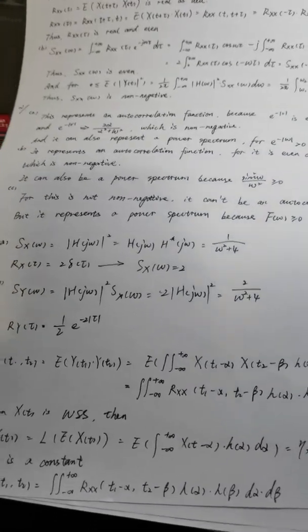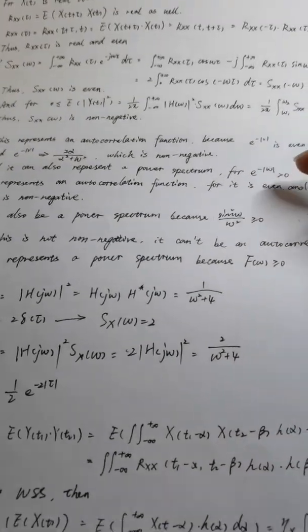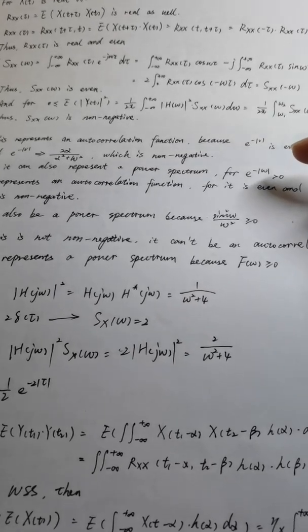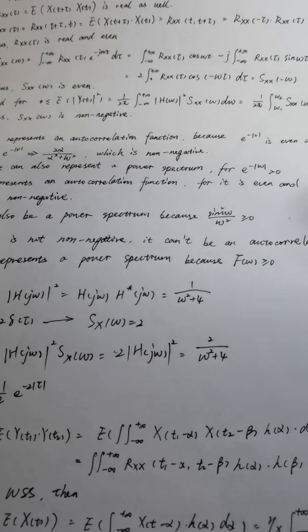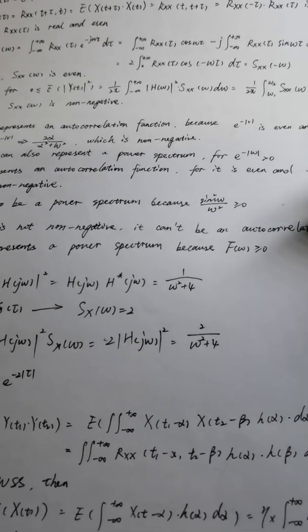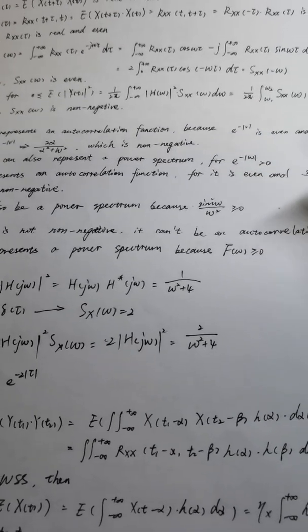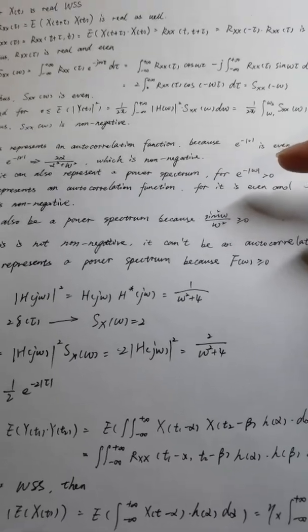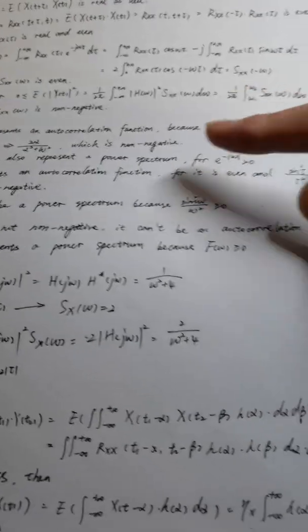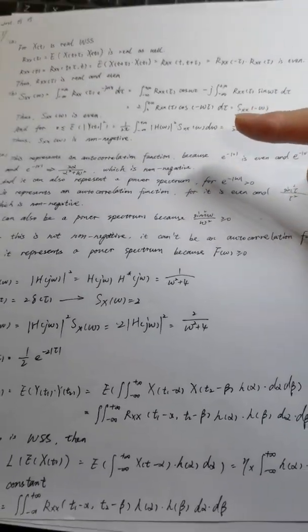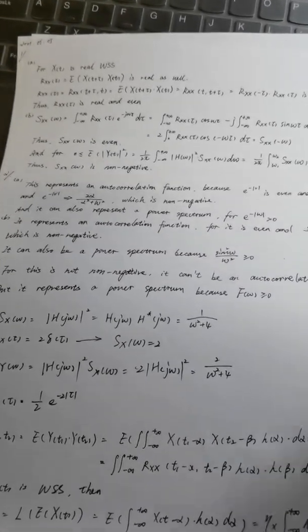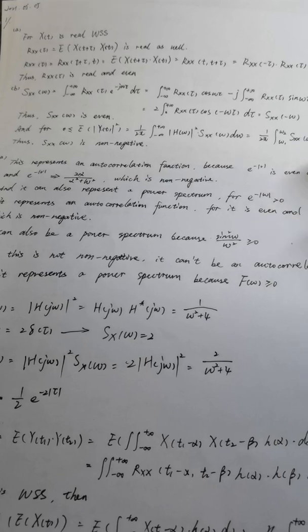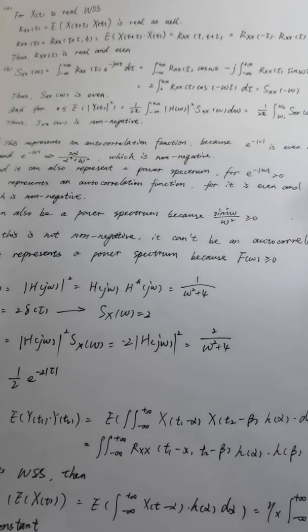And for the first one, we can see that it may represent an autocorrelation function because e to the power of minus absolute value of v is even, and we can also see its Fourier transform equals 2 alpha divided by alpha squared plus omega squared, which is non-negative.